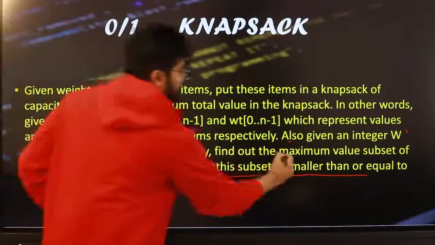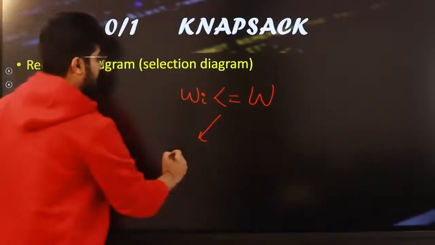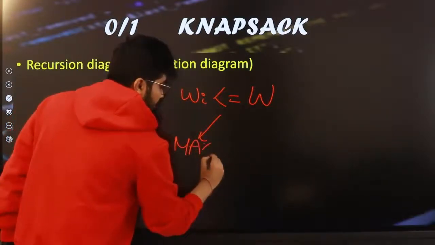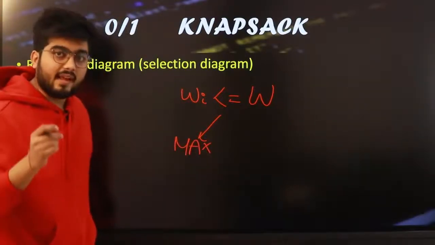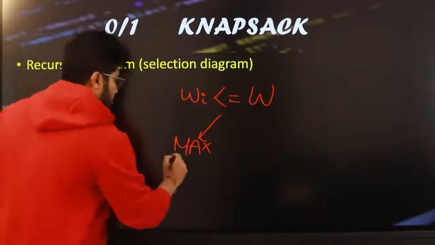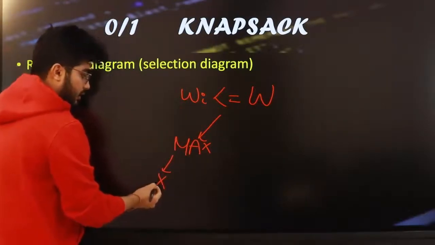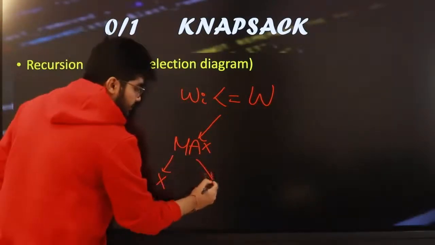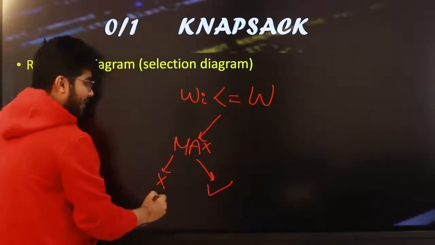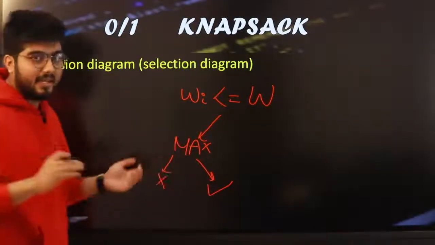Now if that is true, then what do you want to do? You want to find the maximum value. I'll write max value, from whether we should include that item or whether we shouldn't include that item. So the max value that we get from either including the item or not including the item. I hope you understood. So I'll repeat it if not.